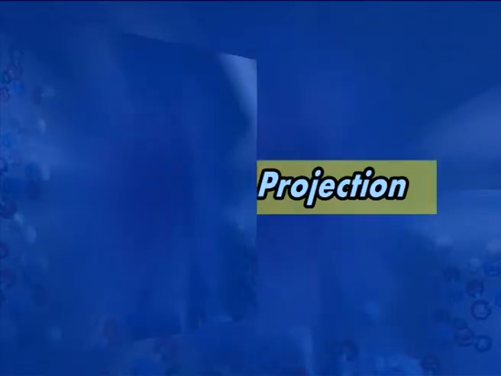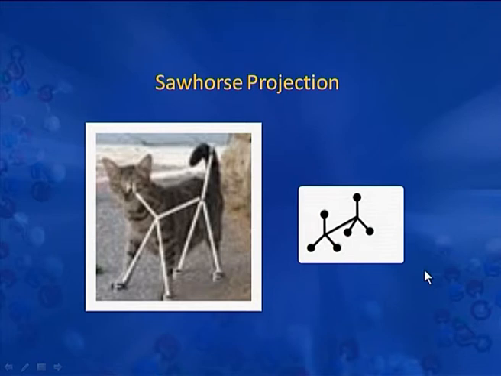Then we have the Sawhorse projection. Sawhorse projection views the molecule in such a way that the relative positions of all the atoms or groups are visible. It is like we can see the four legs of an animal when standing like this, and it is drawn like this.